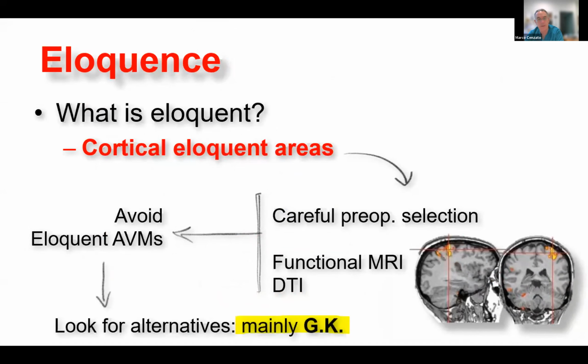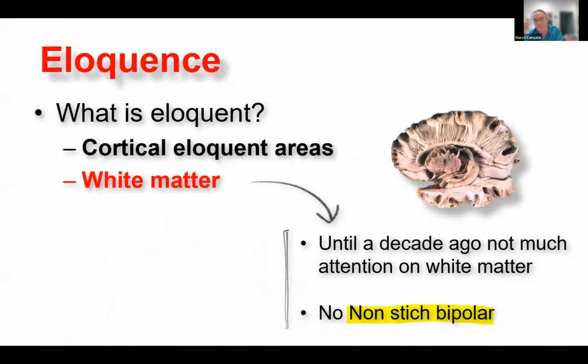But then the alternative is, of course, as I think you all agree, Gamma Knife. But also white matter is eloquent part of the brain, and until a decade ago there was not much attention, at least from a surgical point of view, to white matter.